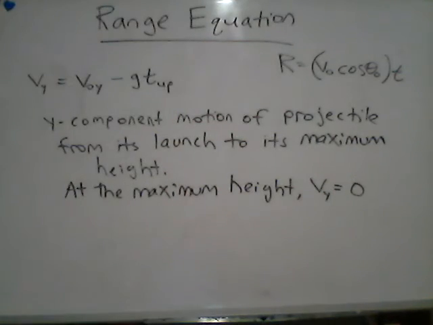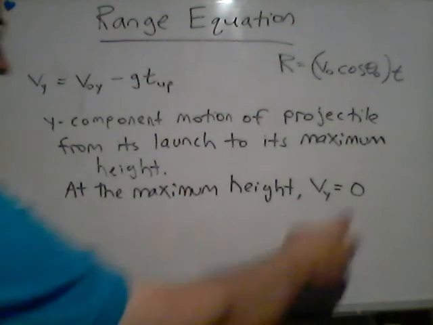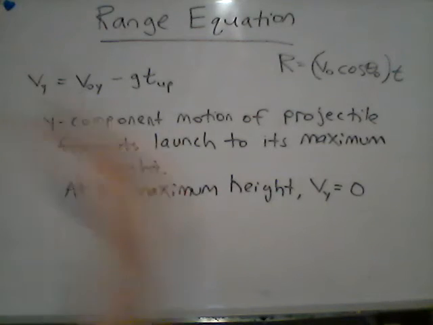So again, when an object that's in free fall reaches its maximum or pinnacle height, its velocity is 0. We're just talking about the y component here. So for the y component motion, which is free fall, the pinnacle velocity will be 0.